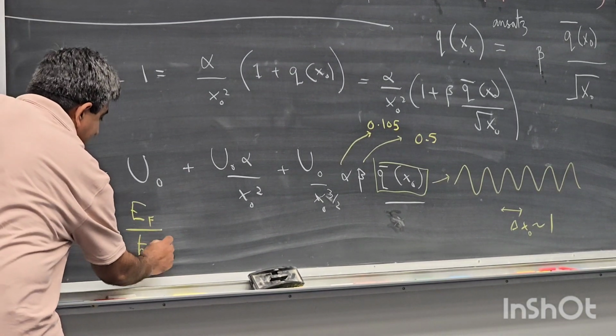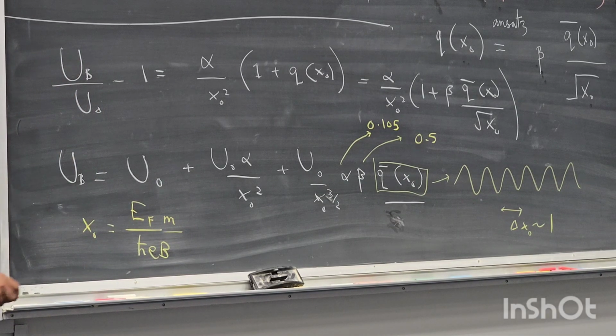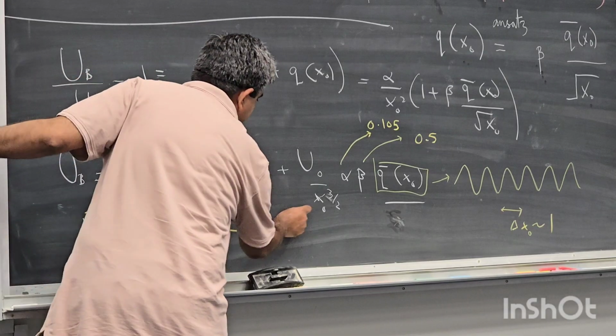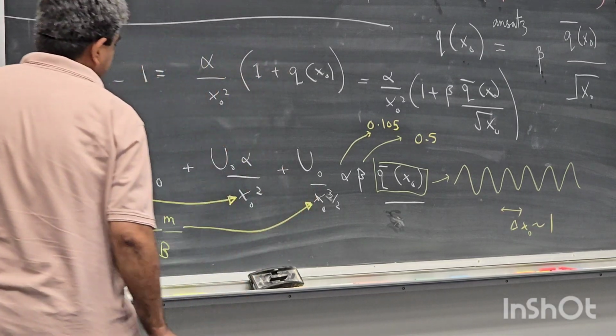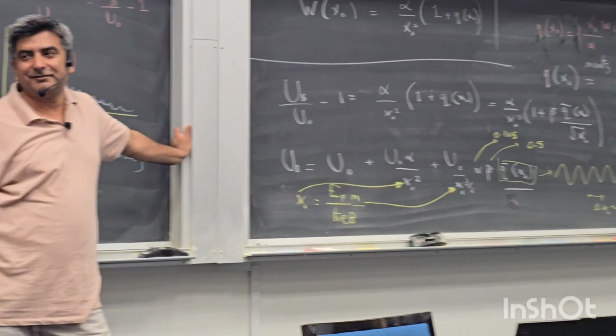But omega c is eB/m. So I can express this x naught explicitly in terms of the magnetic field. So I can find an expression for U in terms of the magnetic field, and I can plot it.